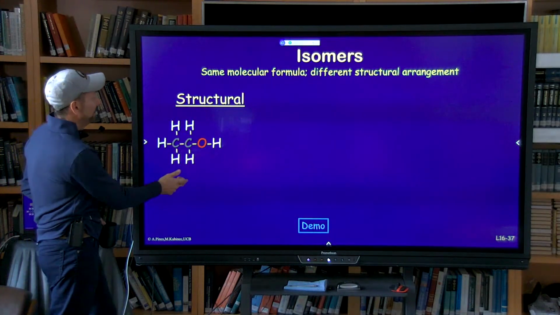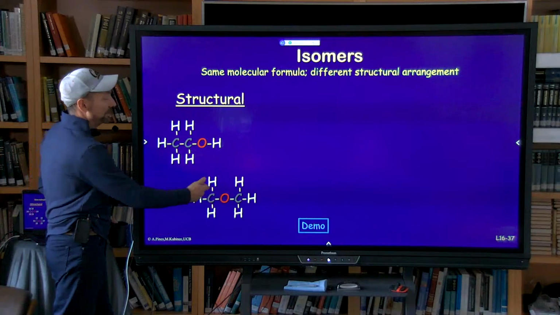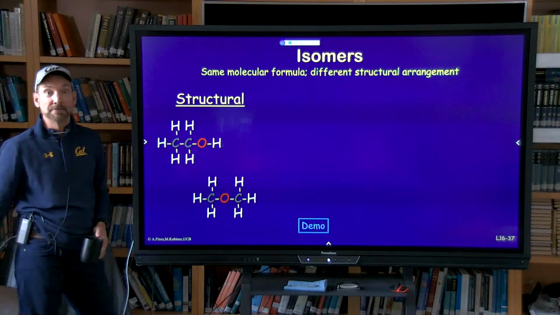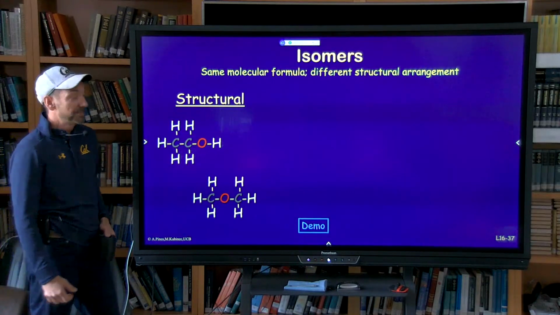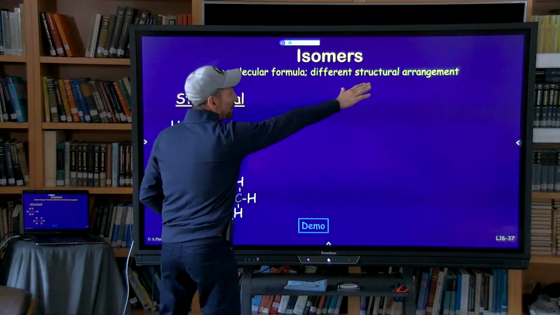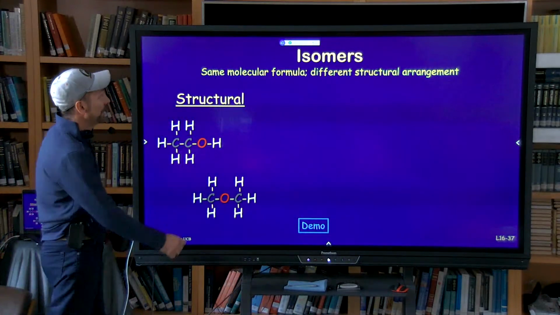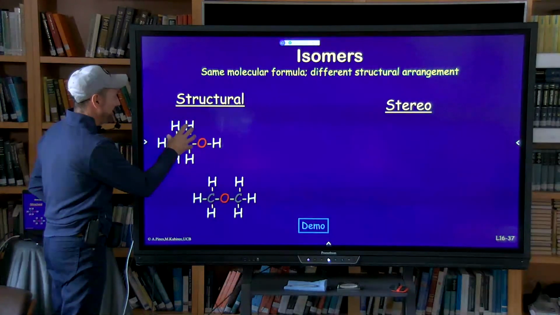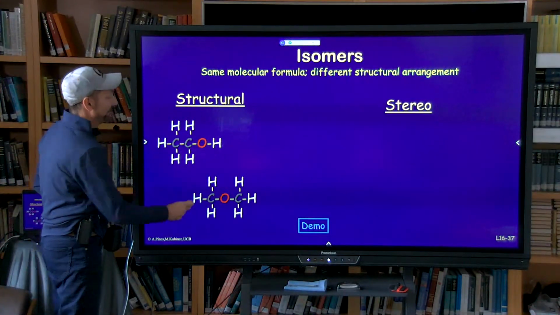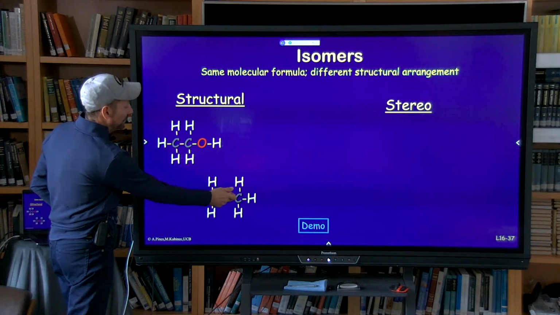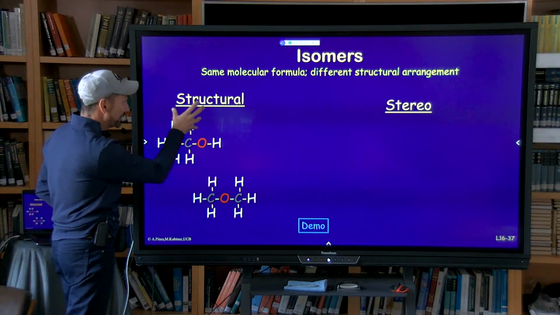This one is ethanol, this one is dimethyl ether, but exactly the same molecular formula, simply a different arrangement of the atoms. That's called isomerism. Those are structural isomers, where the atoms are physically attached differently.